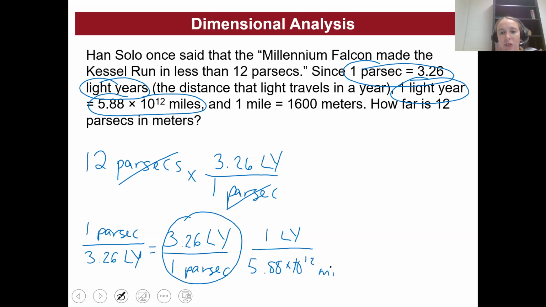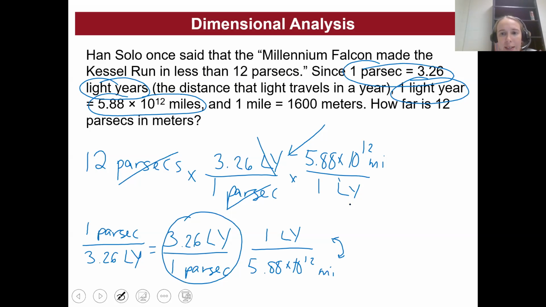But we want light years on the bottom so that it'll cancel out here because it's currently on the top. So we're going to flip-flop it just like we did with light years and parsecs. So 1 light year goes on the bottom, 5.88 times 10 to the 12th miles goes on top. Light years cancel out, and now we're in miles.